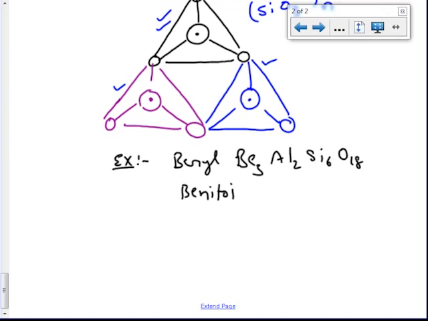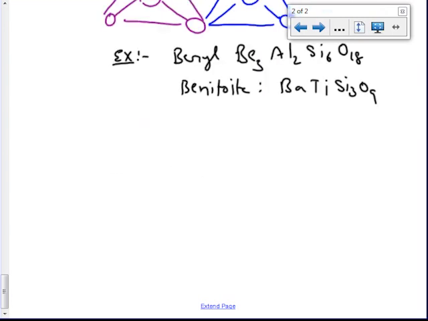Another example is benitoite. That is barium titanium silicate, BaTiSi3O9. Second one is cyclic silicates, and third one is chain silicates.